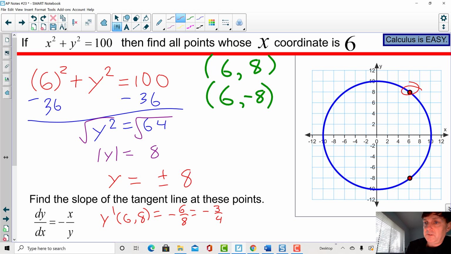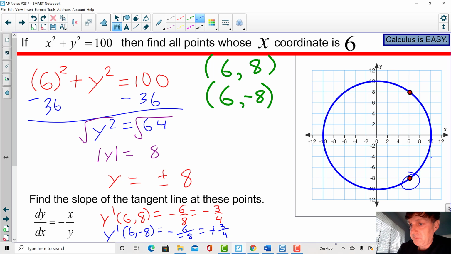So that's the slope of the tangent line right here. When you plug in a negative 8, you end up with a positive 3/4 slope. So that's right here. The slope of the tangent line would be positive 3/4.